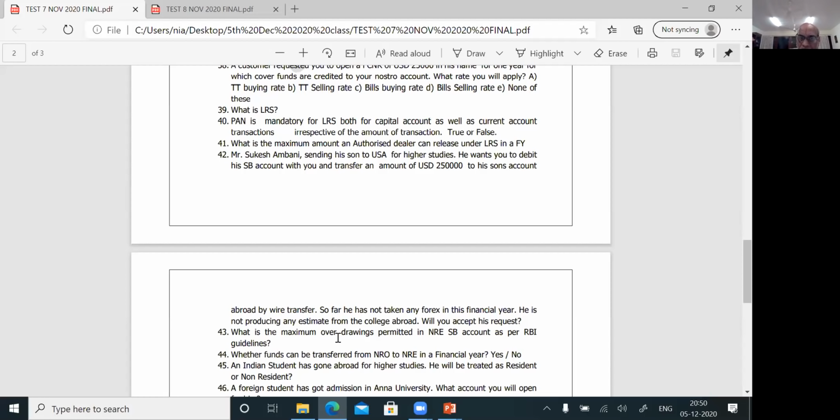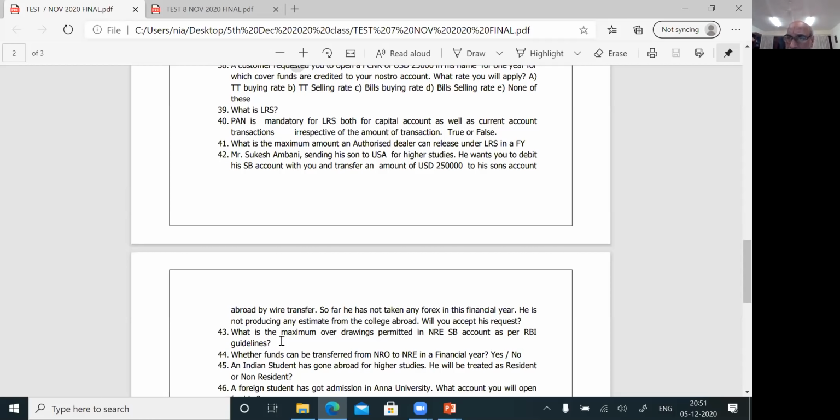Question number 43. What is the maximum overdrawing permitted in an NRE SB account as per RBI guidelines? So we are talking about RBI guidelines. In our bank, there are some guidelines too. The maximum overdrawing, TOD, in an NRE SB account as per RBI guideline is only 50,000 Indian rupees. The condition is that it has to be recovered within 2 weeks.